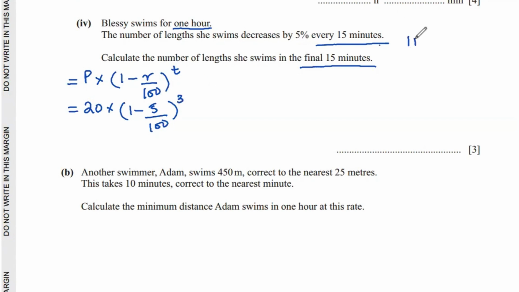Once again, 1 hour has 60 minutes. So the 15 minutes are divided into 4 parts: the first 15-minute, second 15-minute, third 15-minute, and the fourth 15-minute.